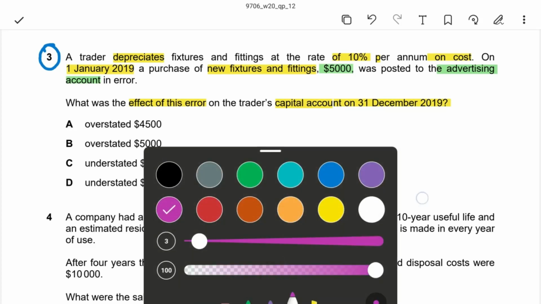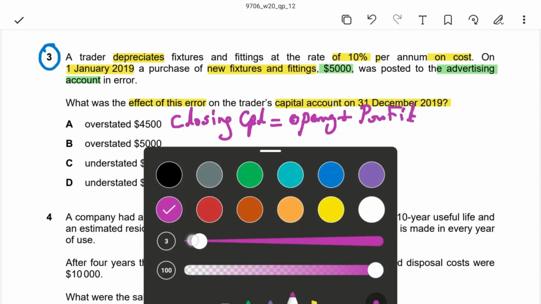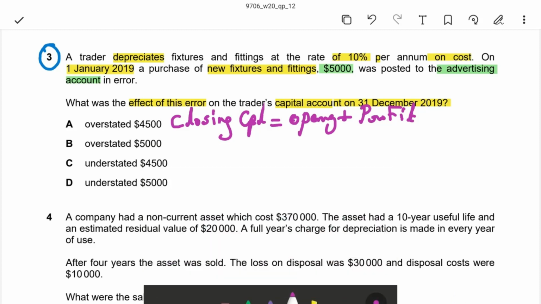Closing capital is equal to opening capital plus profit. The effect on profit will change the capital account. So how does it affect the capital account? First we have to check how it affects the profit.